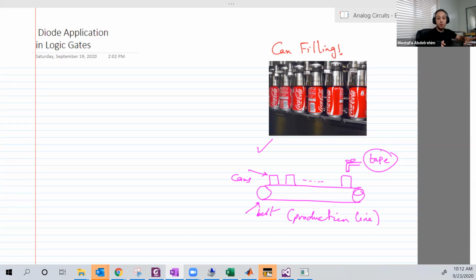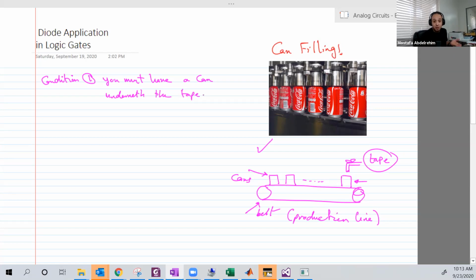So we have two conditions. The first condition is that you must have a can underneath the tap. This one here. Okay. So condition one, you must have a can just underneath the tap.